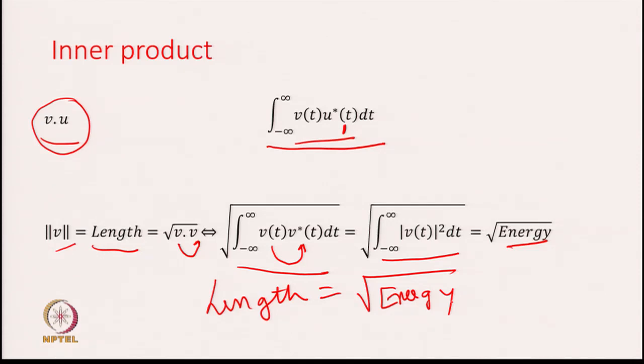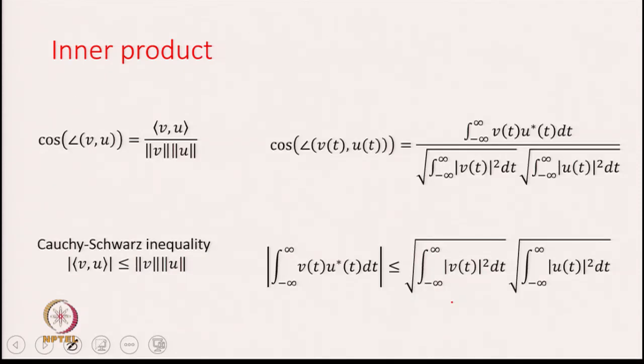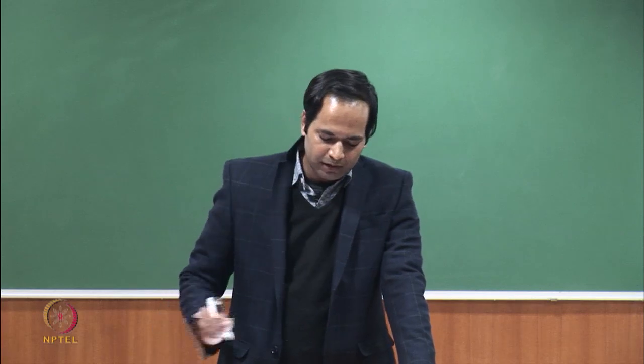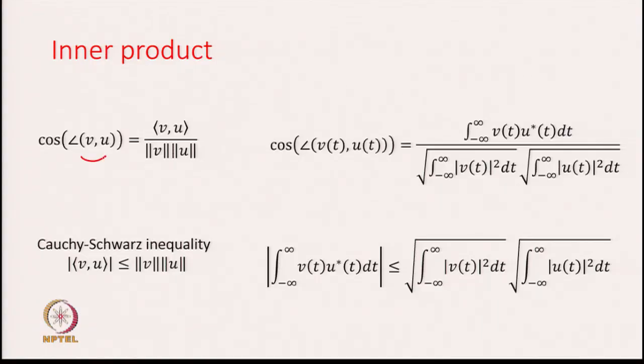Carrying this idea forward, we can talk about the angle between two vectors, and you must have learned this identity before: the cosine of the angle between two vectors is given by the inner product of the two vectors divided by the lengths of the vectors.